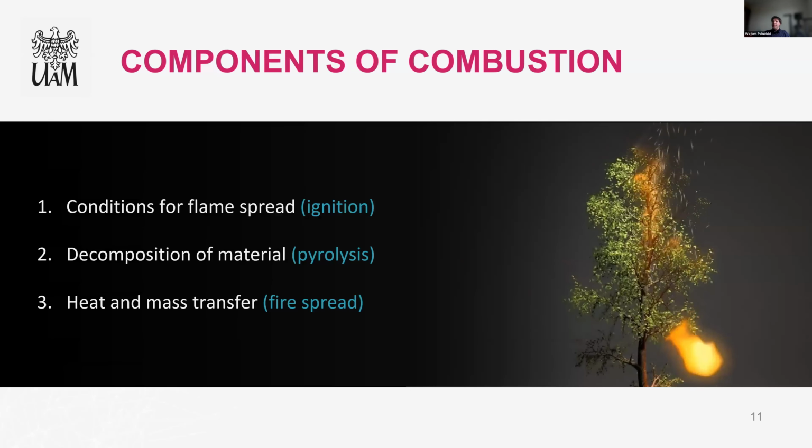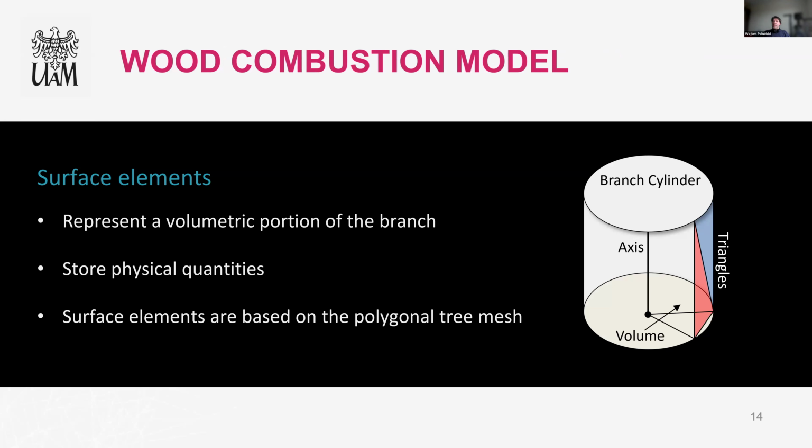So the most fundamental descriptive element that we use to express the structure and the biomechanical properties of vegetation is something which we call surface elements. And surface elements, you can think of essentially as like a chunk, like this little cake chunk of a part of a tree, of a branch segment.